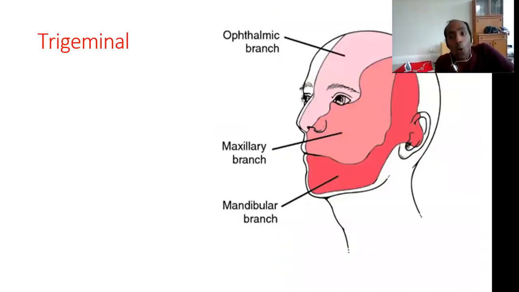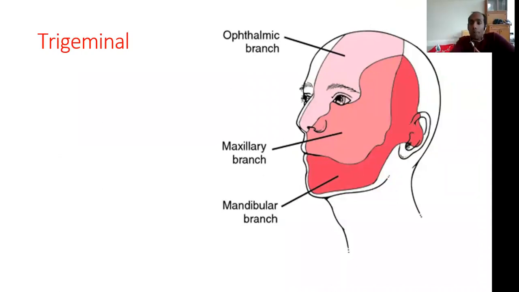The sensory component of the trigeminal nerve, I have given you a picture with the distribution. And remember two things, I might have taught this to you. The ophthalmic sensation extends right up to the vertex of the skull. That is one important point about the trigeminal nerve sensory distribution.